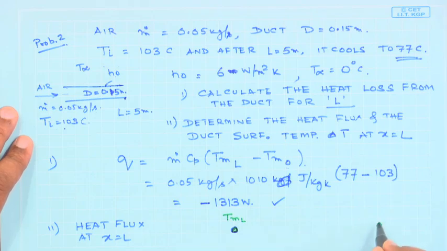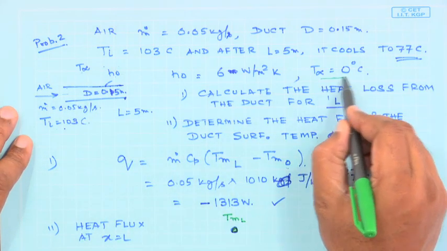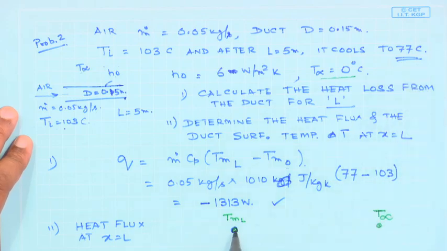This is my temperature of the outside that I denote as T infinity, and I know that this T infinity is at 0 degree centigrade. So, from 77 degree centigrade to 0 degree centigrade, the heat transfer is taking place.